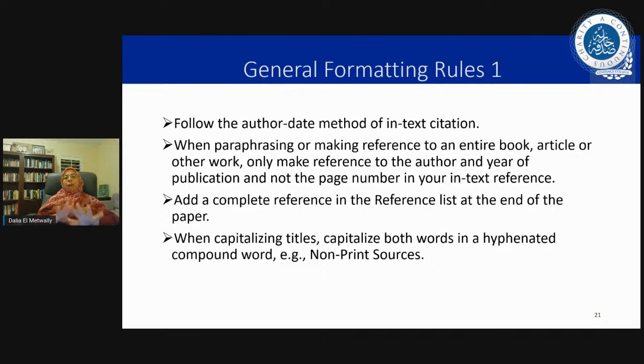And if we are referencing an entire book, then we are just going to mention the author's name and the year, and we do not need to have the page numbers. Because what page numbers are we going to say, pp. from this to that? Instead of saying from page 1 to page 200, it doesn't make any sense. So we just completely drop that page number.